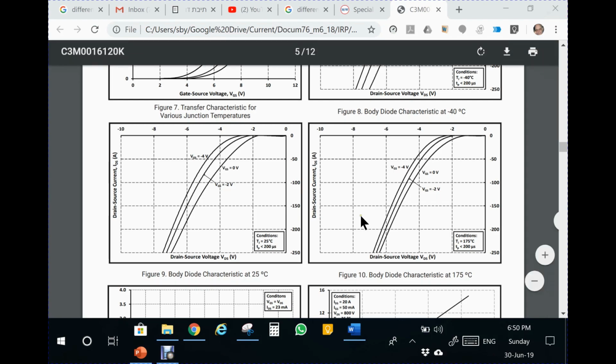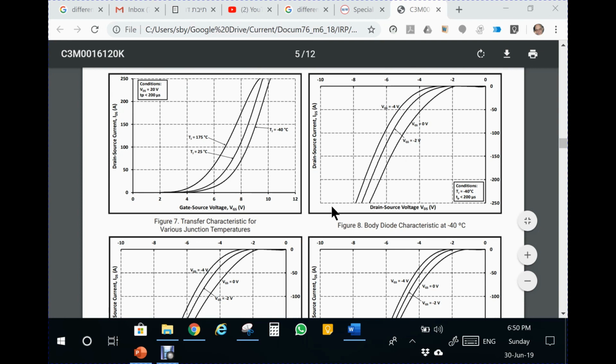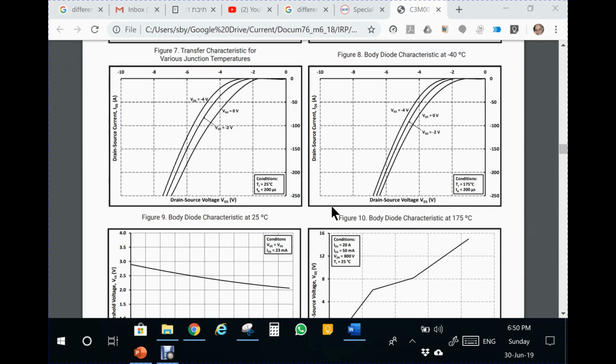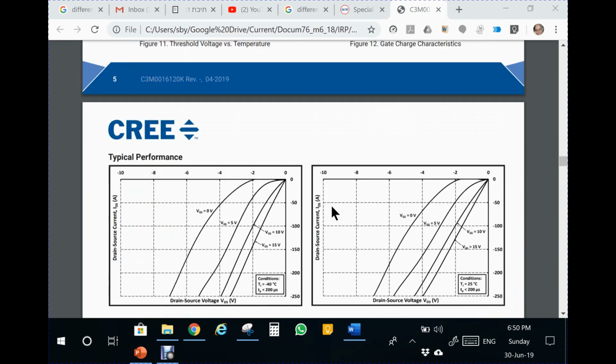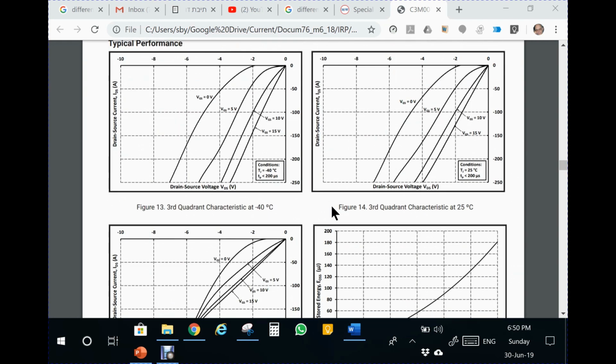So let's have a look and see where they got this information. Okay, here it is.